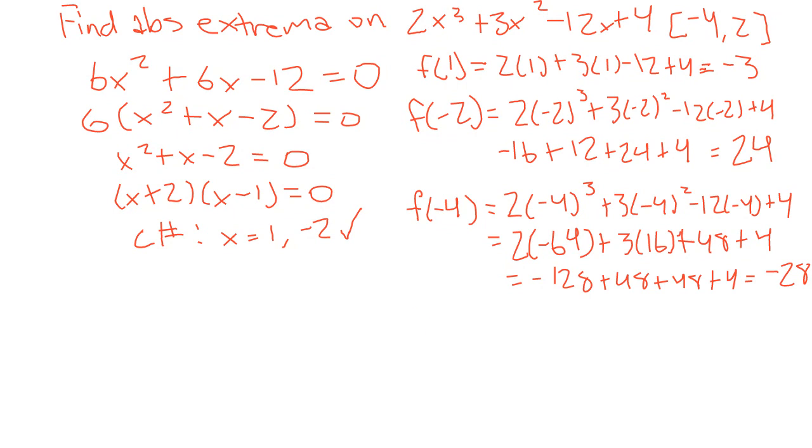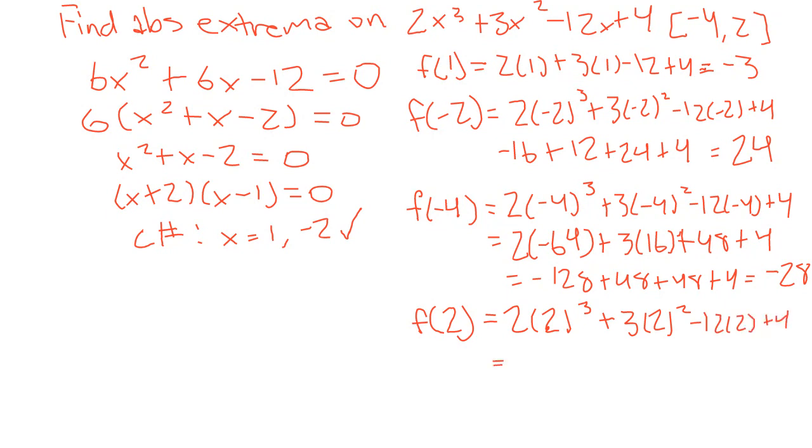And then we get f of 2, which is equal to 2 times 2 cubed plus 3 times 2 squared minus 12 times 2 plus 4.